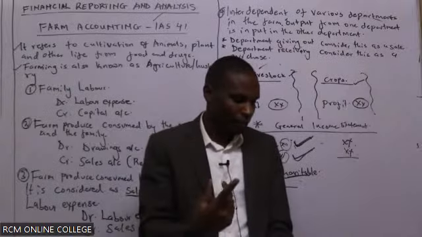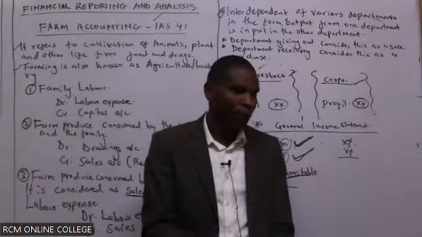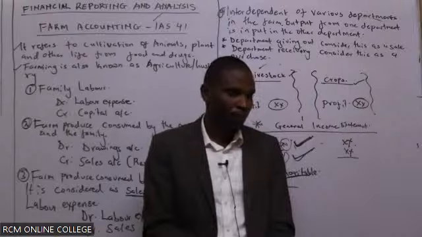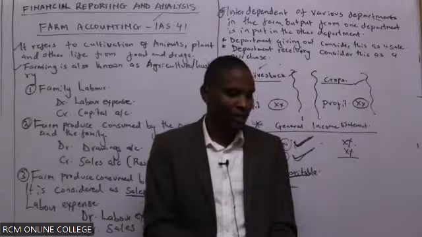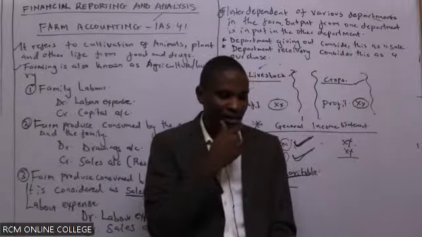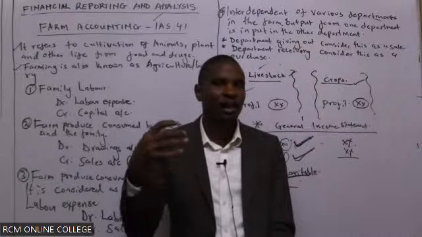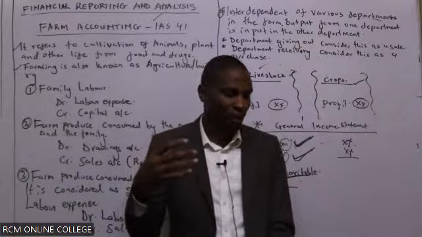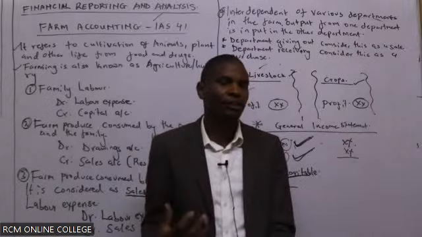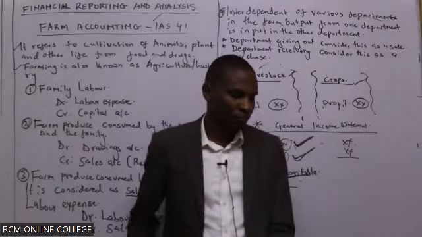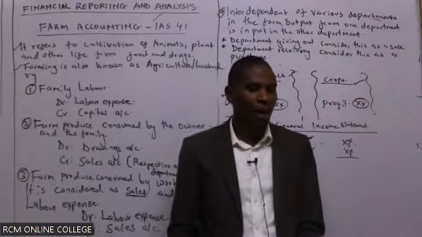Point number one: the entity controls that item as a result of a past transaction.